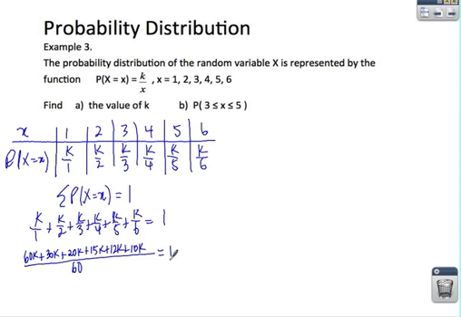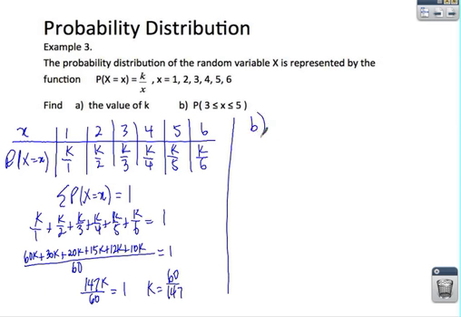We add those all up, and we get 147k over 60 equals 1. Then solving for k, we get k is equal to 60 over 147. Now we can answer part B, now that we know k. In B, we want the probability that x is greater than or equal to 3 and less than or equal to 5.